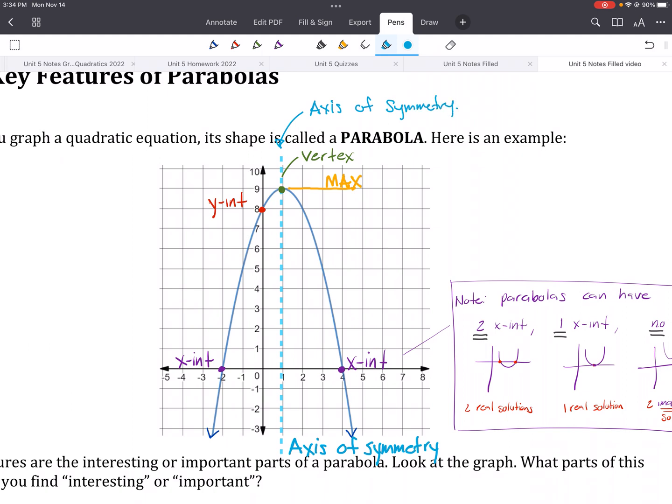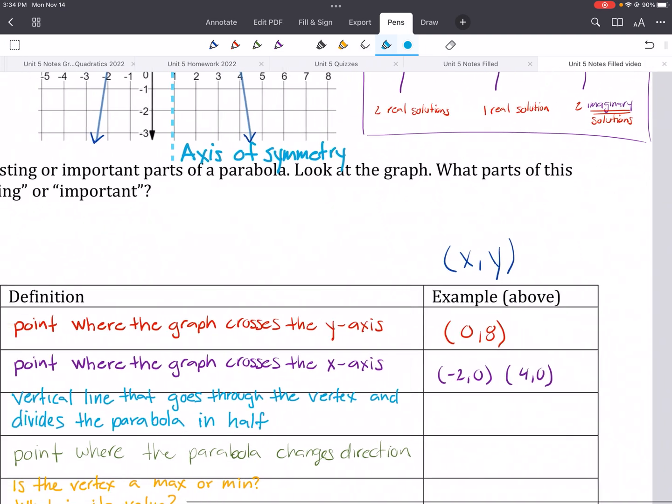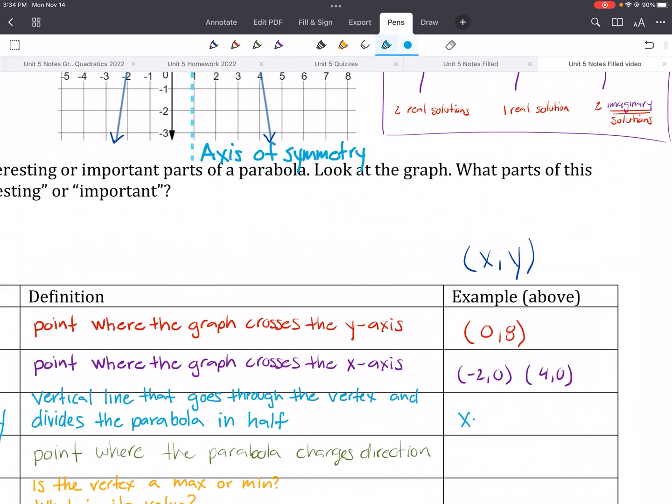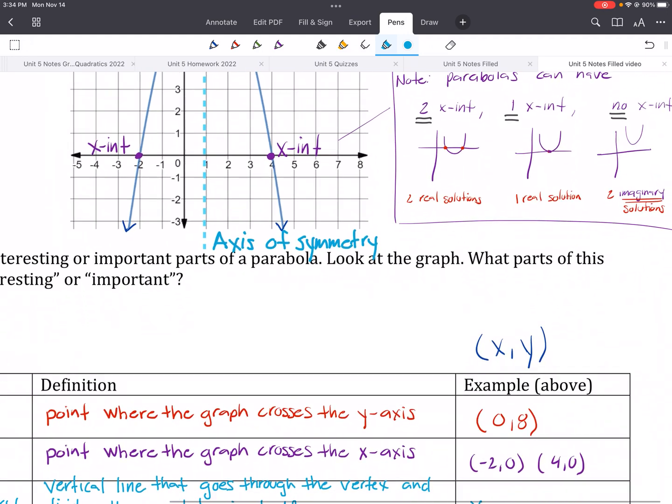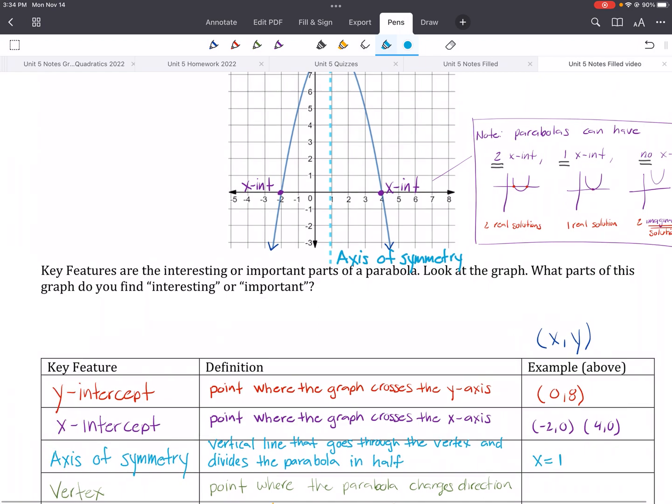It is a line, so we can't just write down 1. It's x equals 1. A vertical line is x equals. It crosses the x-axis at 1, so x equals 1. That's the axis of symmetry.